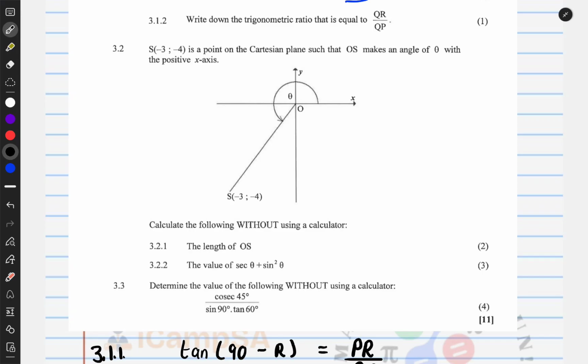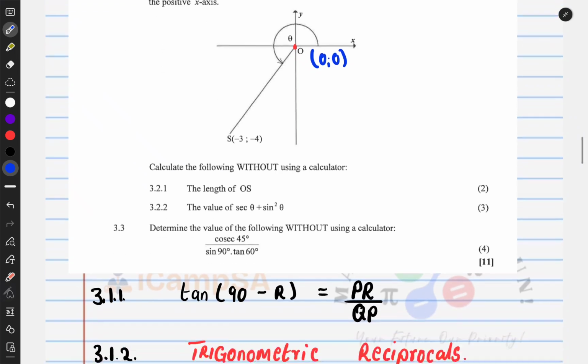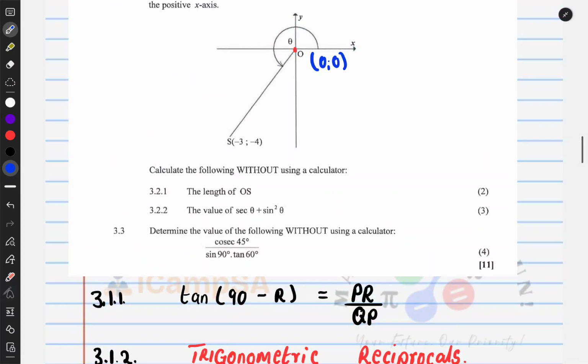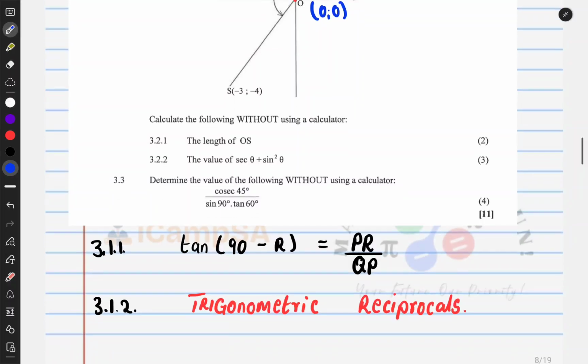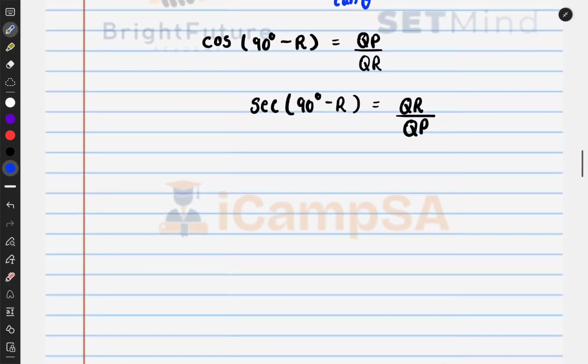We know that the coordinates of O are 0 and 0, since that is the origin. So we can calculate the length of OS by using the distance formula, with O at 0 and 0, and S at -3 and -4.